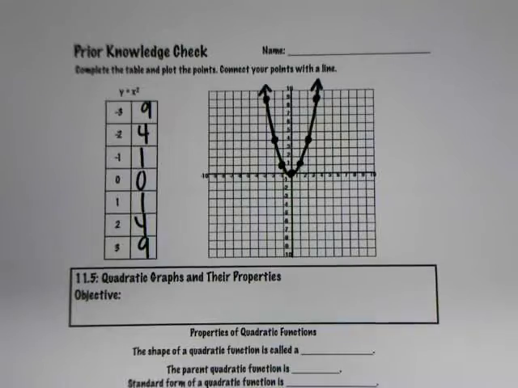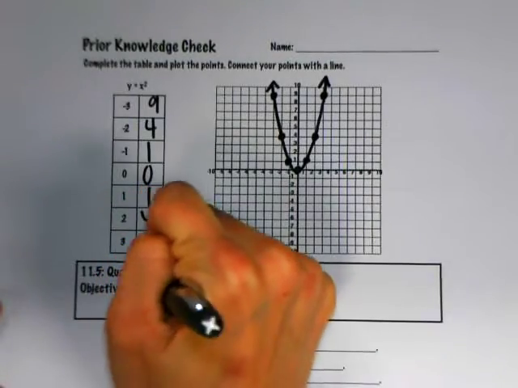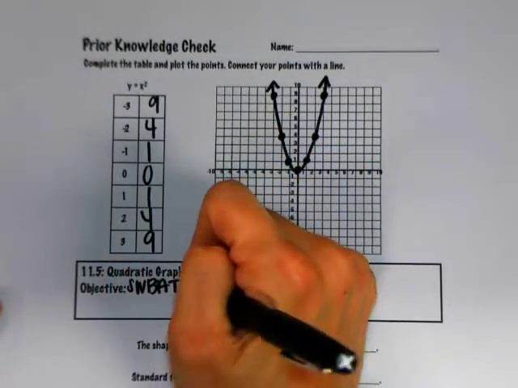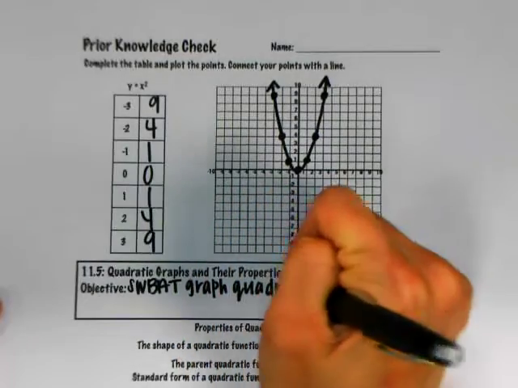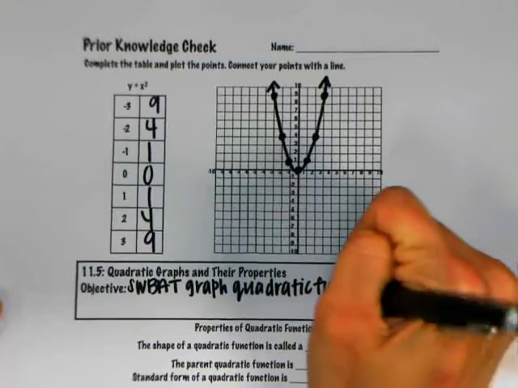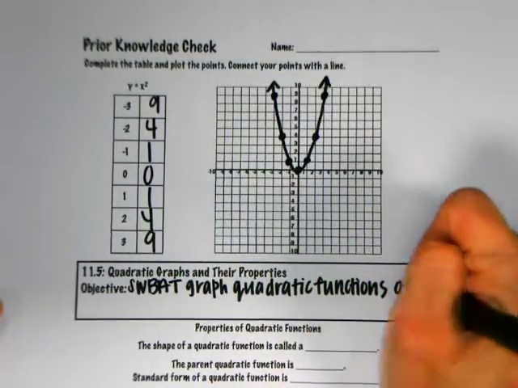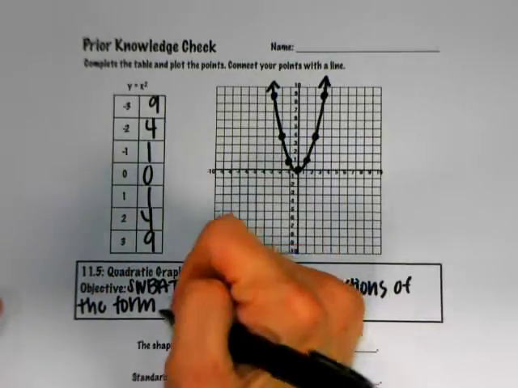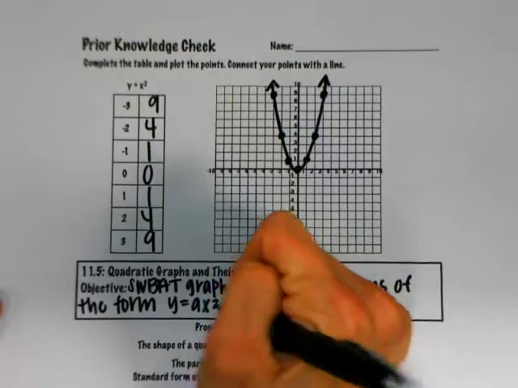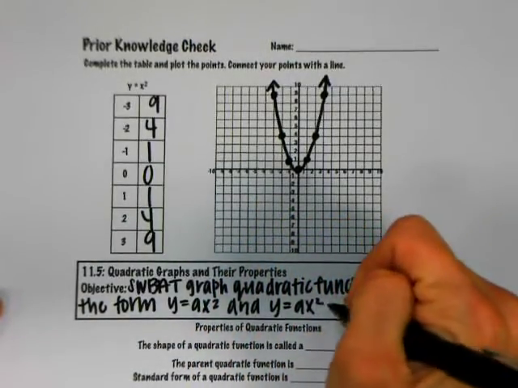All right, so the next two lessons are all about graphing the quadratic stuff. Your objective today is students will be able to graph quadratic functions of the form y equals ax squared and y equals ax squared plus c.